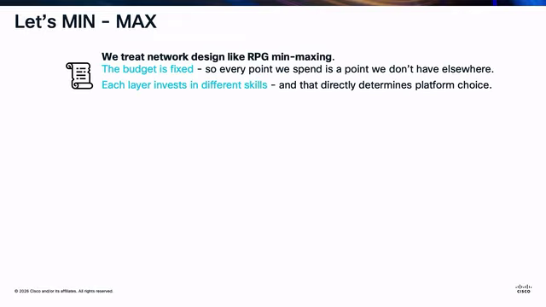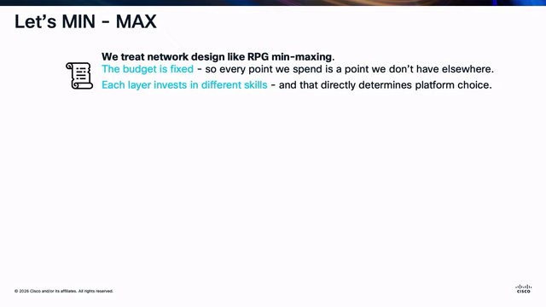So, now, on to the min-maxing part. As I mentioned at the very start, we thought about building network architecture just like building the RPG character. It's very similar because you have a limited amount of points that you can spend on certain traits, and you have to build towards a desired outcome.